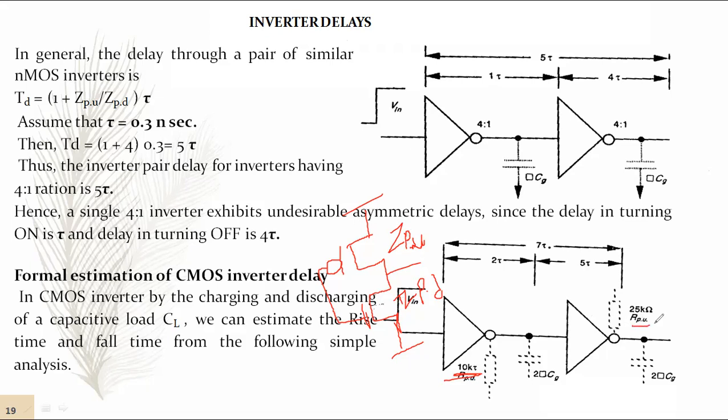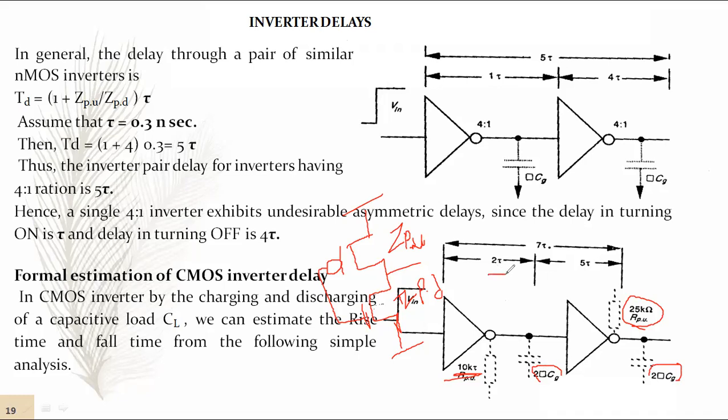Here we took the gate capacitance standard square CZ value as 2 square CZ. For a CMOS it is 2 square because they are both in on condition. For that reason we took 2 square CZ.